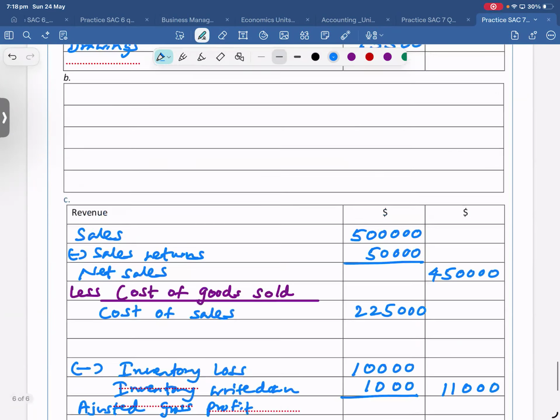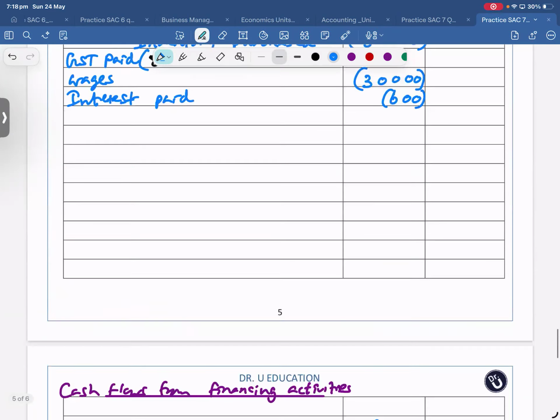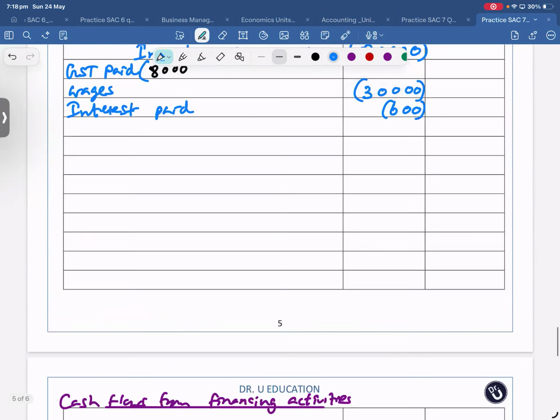And then I'm not going to report that in there, but I can report receipts from accounts receivable, $100,000. Okay.